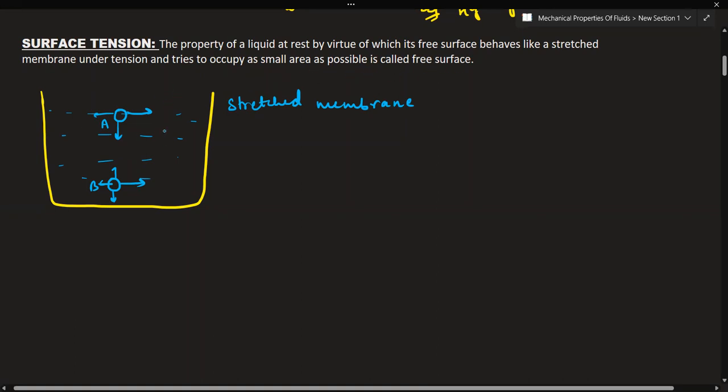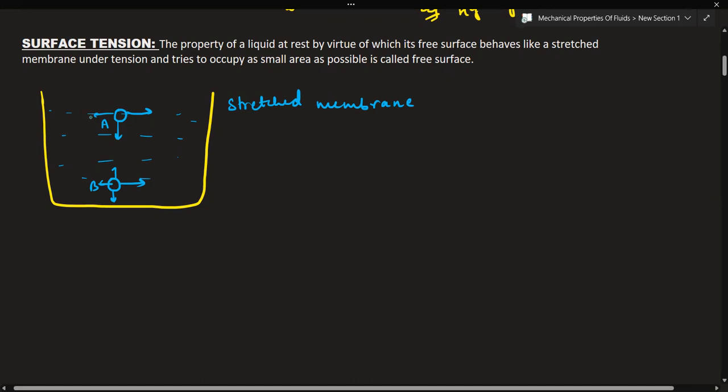See, I'll let you know what this means. The result is that the surface of a liquid behaves as a stretched membrane. The free surface of water, or the liquid, acts as a stretched membrane. In other words, you can simply say that the attractive intermolecular forces on the surface of the liquid, why are they attractive? Because the molecules tend to attract each other.